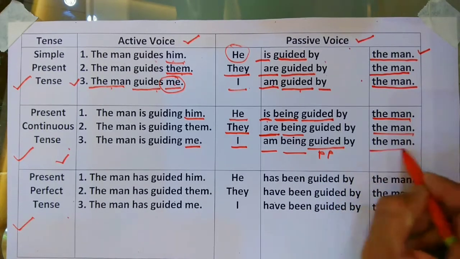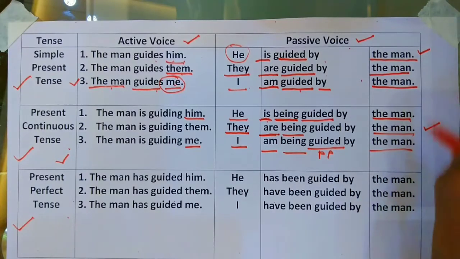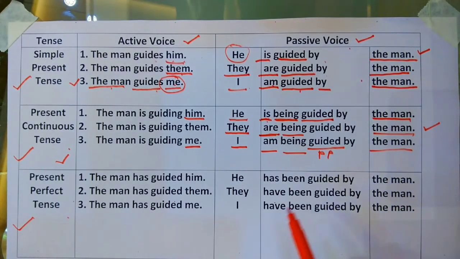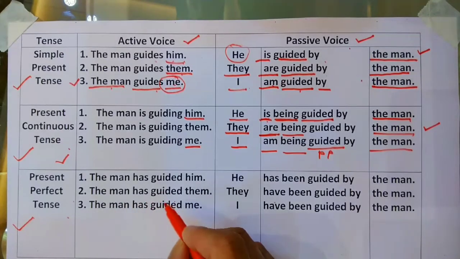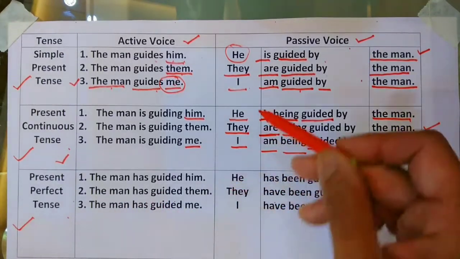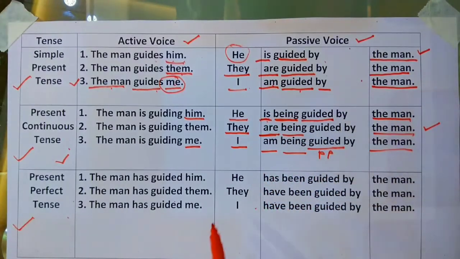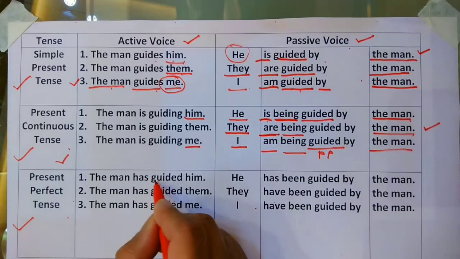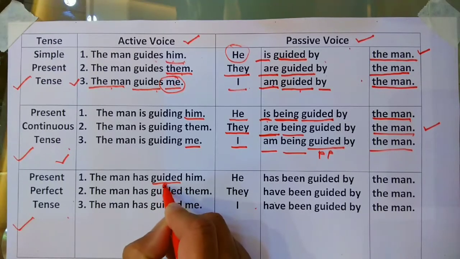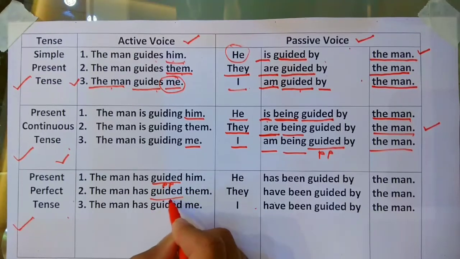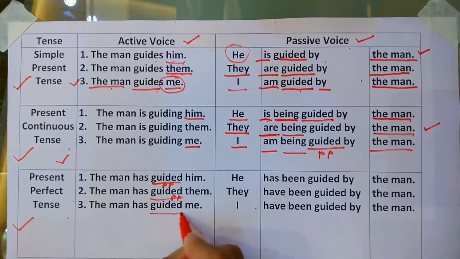So this is how we convert the active voice into passive sentence. Now let us come to the last, third subtype of the present tense, present perfect tense. So students, what is the difference between these two tenses and this third type? In this type, we already have the past participle form in the present perfect tense.